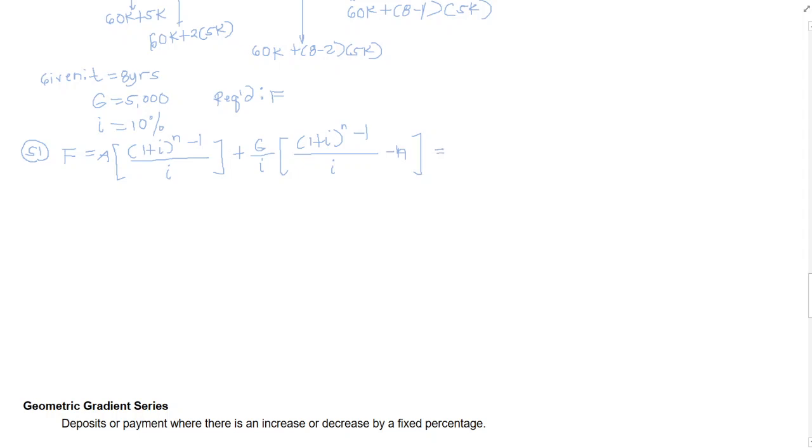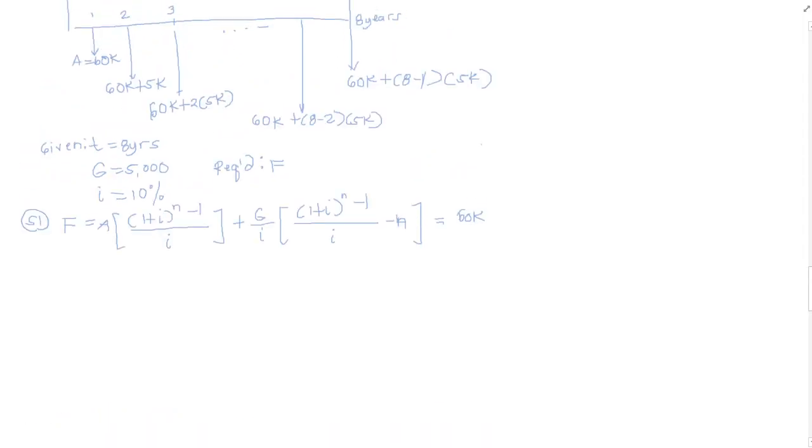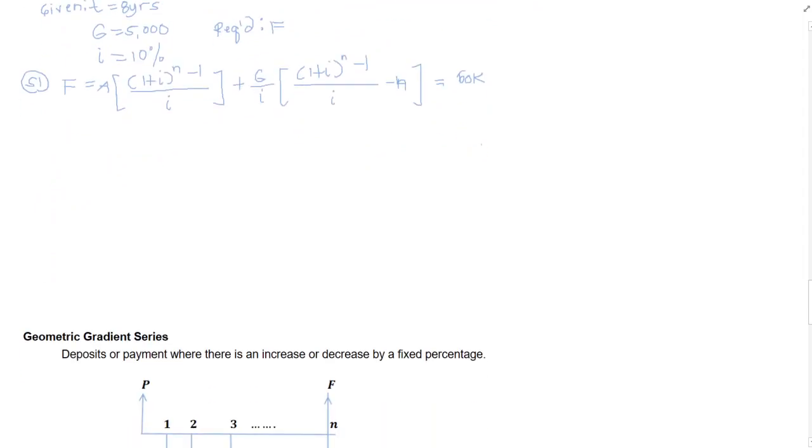A there is 60k, so that is 60k multiplied by the given, which is 1 plus 0.1 raised to 8, of course, minus 1 divided by 0.1, plus the gradient, which is 5,000.